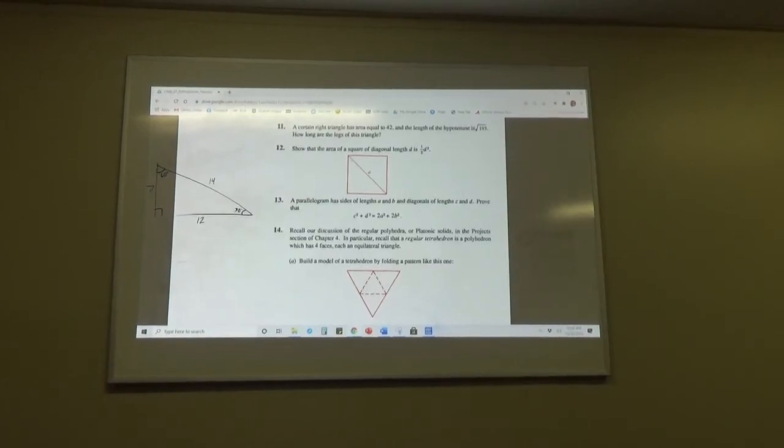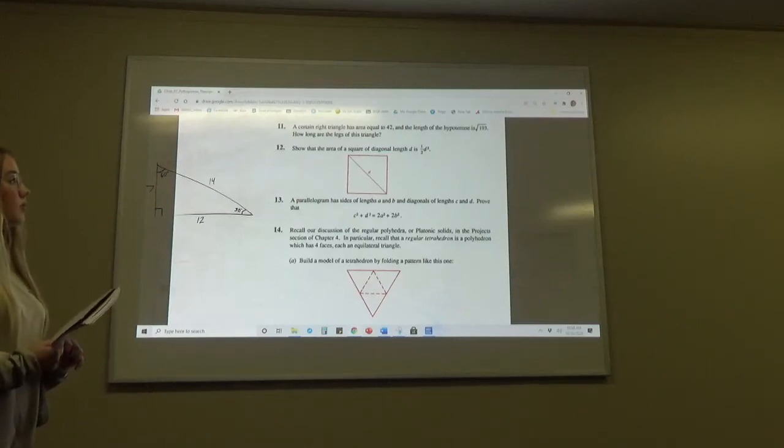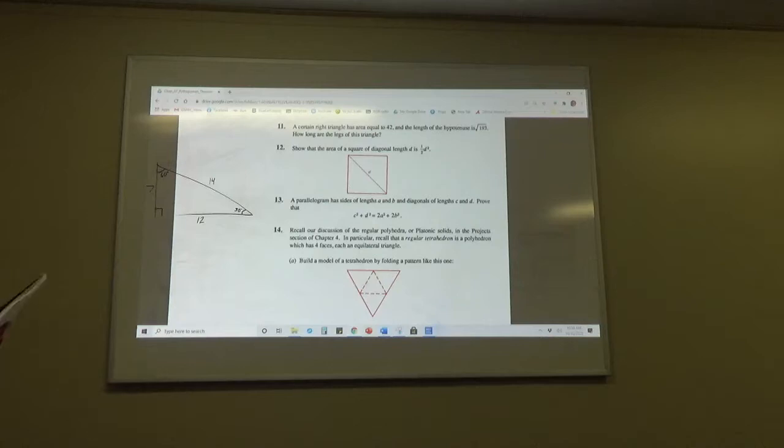I was actually really confused about this. When I first started doing it, I was going to use the Pythagorean Theorem. But then when I was looking in chapter 7, I found something called the 30-60 triangle. The question is: a certain right triangle has an area equal to 42, and the length of the hypotenuse is the square root of 193. How long are the legs of this triangle?